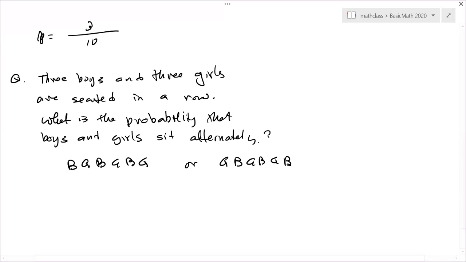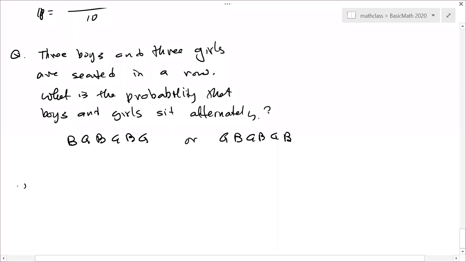So what is the probability he gets the right answer? 1 over 2, right? That's right.